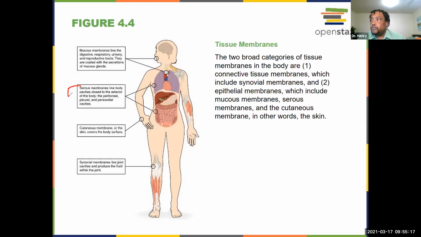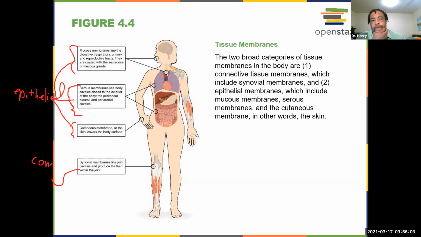These guys here, and this here, this here, all of these guys fall into the epithelial. And then this guy here, the joints, connect, right? So that's involved in the connecting of things, right?